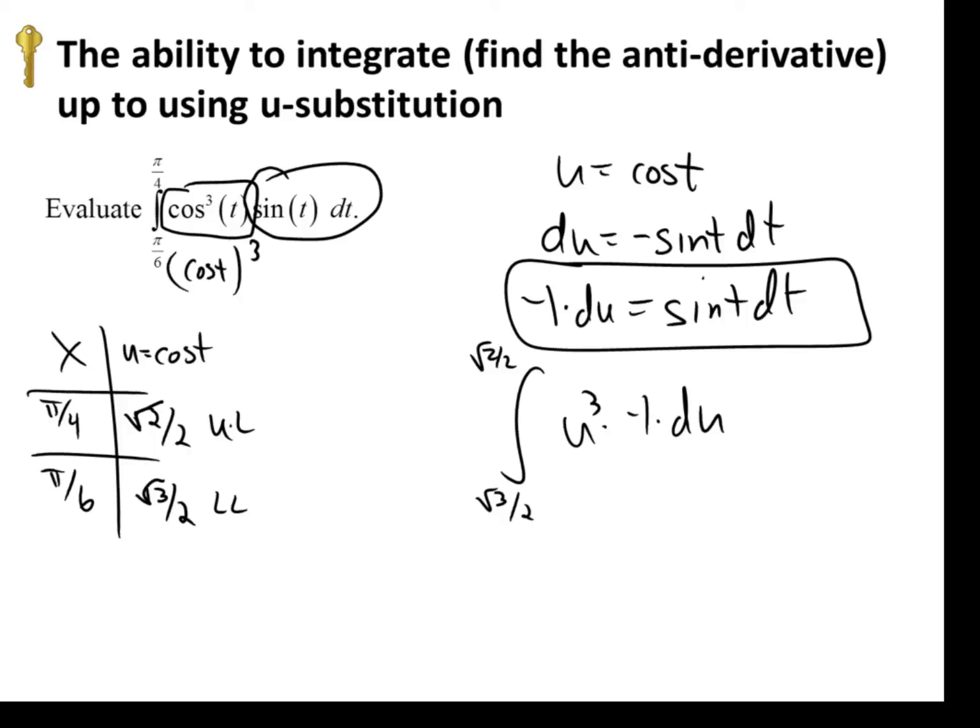And it's not obvious that it's happening. You got to know that root 3 is bigger than root 2. Okay? So this guy is smaller, and it's the upper limit. But you handle that by reversing them and putting a negative, to go with the negative that's already there.